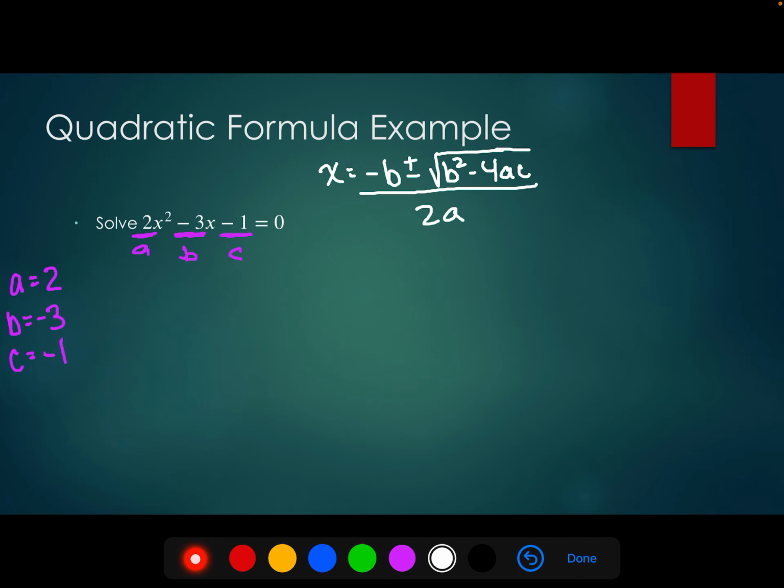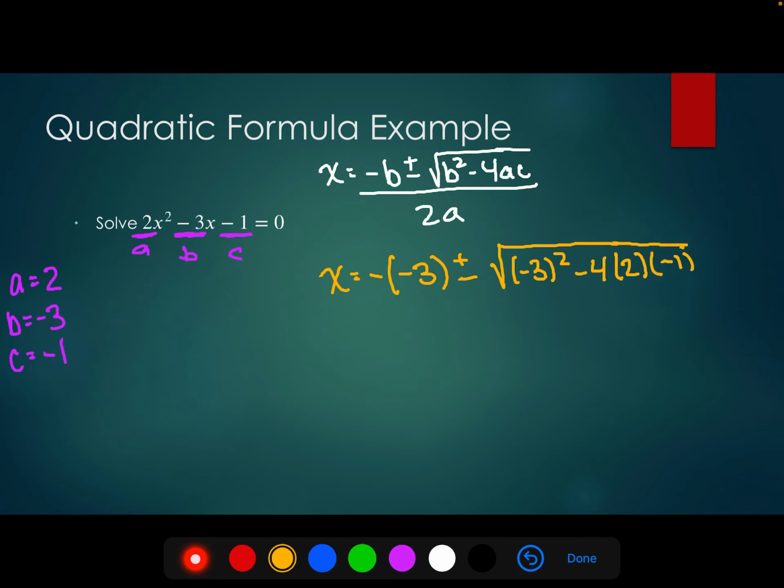So let's go ahead and do that. So we now have x is equal to -b, and b is -3, plus or minus the square root of b squared, so -3 squared, minus 4 times a, which is 2, times our c value, which is -1, and this is all over 2 times a, which we said was 2.